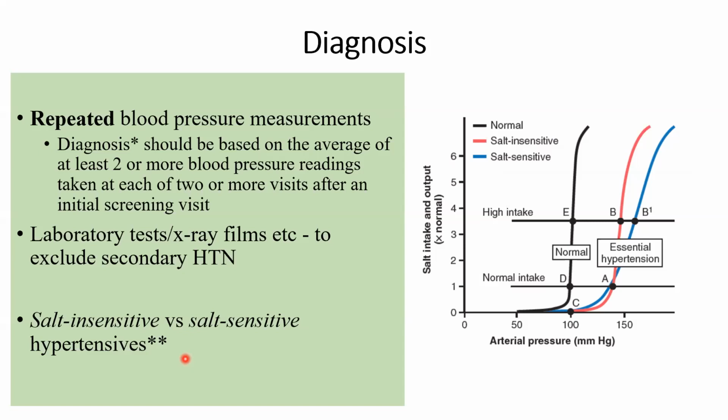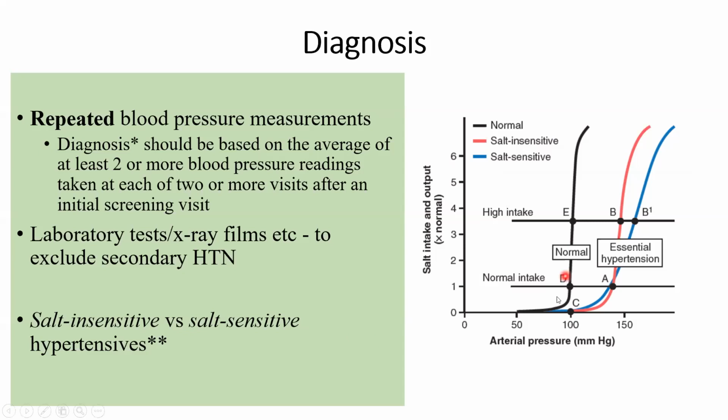We are saying that all of us are sensitive to salt, because salt will increase the ECF volume and lead to higher blood pressure over a long period of time. But what we are saying is there are people who are more prone to these changes in response to their salt intake, and then there are people who are less prone to the salt that they take.